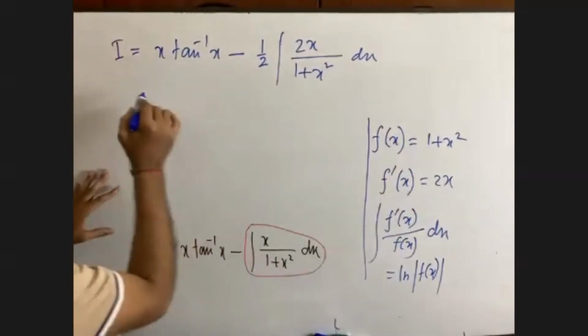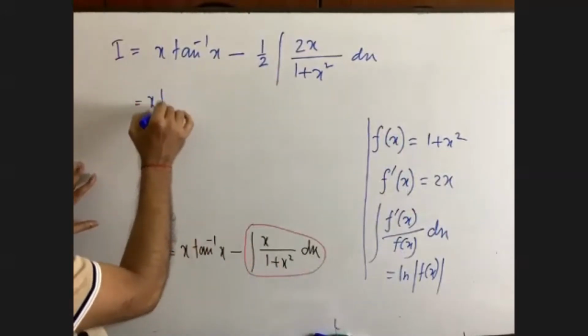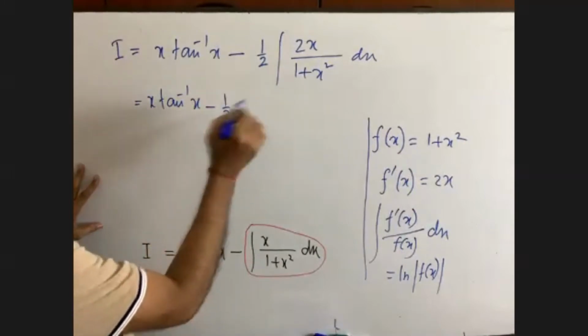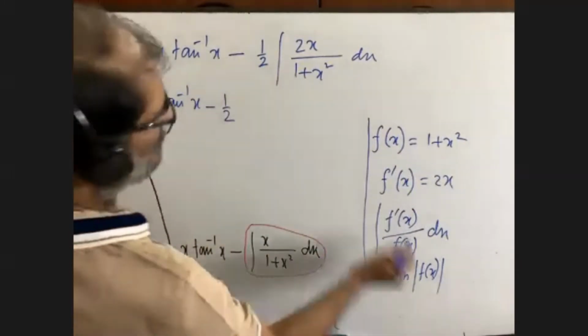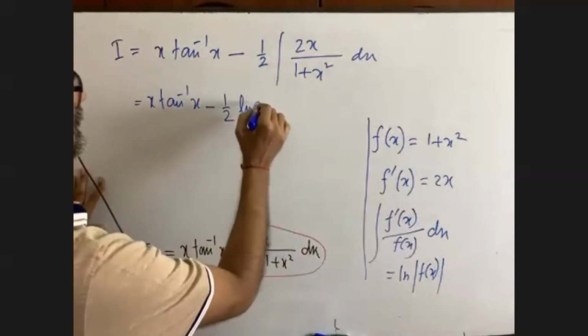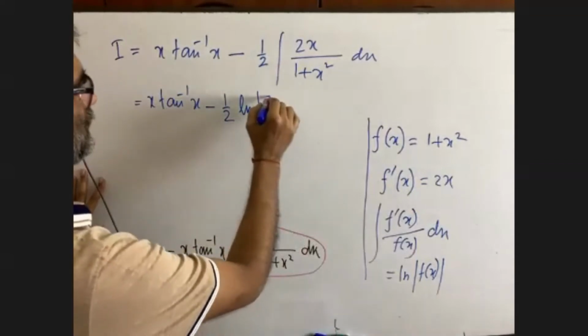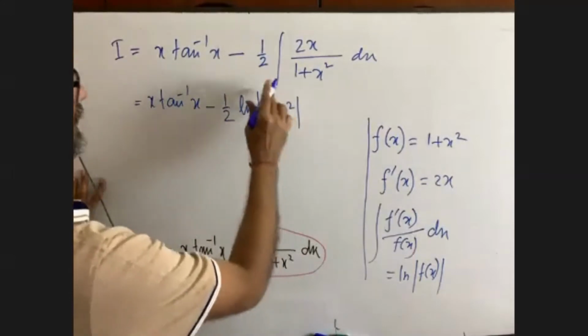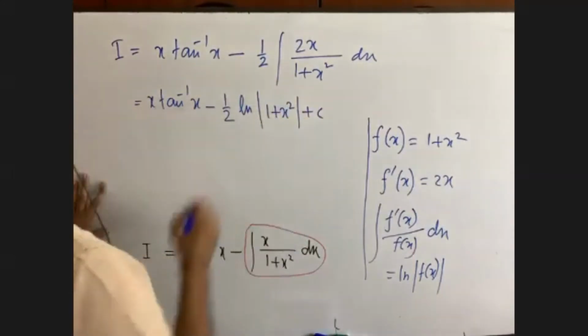Now you see, we can write it: x tan inverse x minus half ln of function x, so this is ln, this is absolute value. Function x means 1 plus x square. Done, and it is plus c.